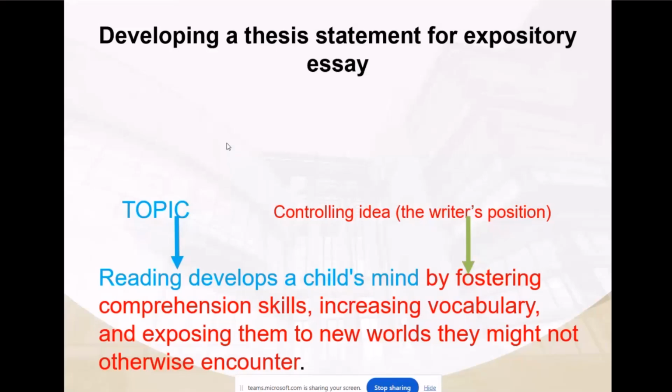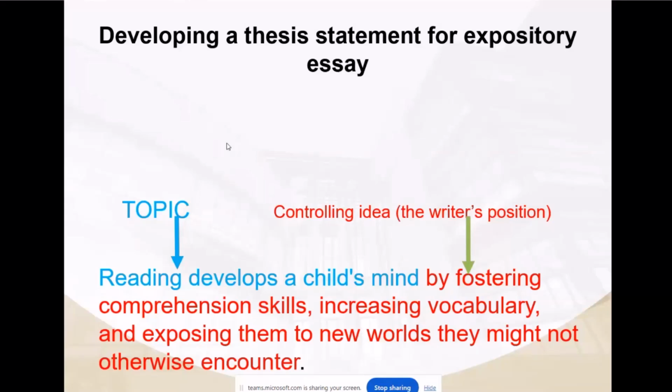So this is basically where the writer's position is regarding reading. So the writer is actually arguing that reading does develop, but is also showing their position on that topic, that it develops the mind in this way. It encourages comprehension, it increases vocabulary, it exposes them to worlds that they might not otherwise have known.